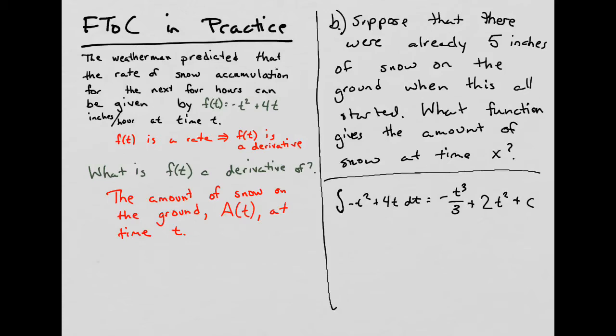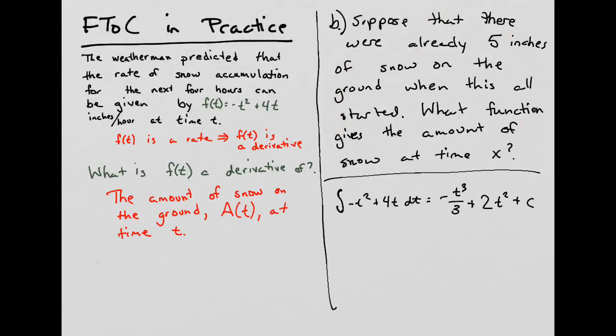Now remember, we have this constant because when you take the derivative of a constant, then it's just 0. And so you're back to this being your derivative, okay?